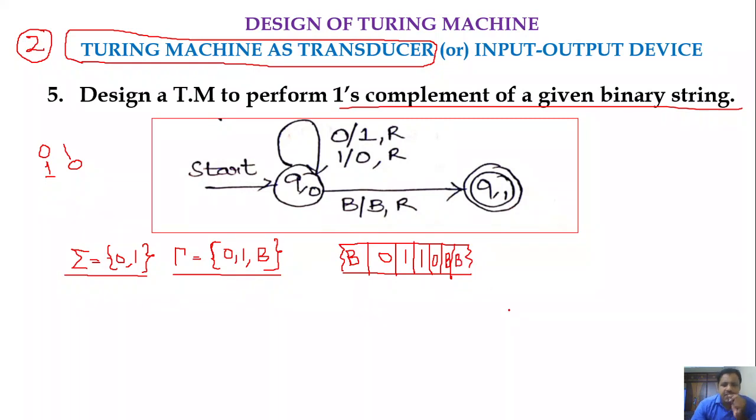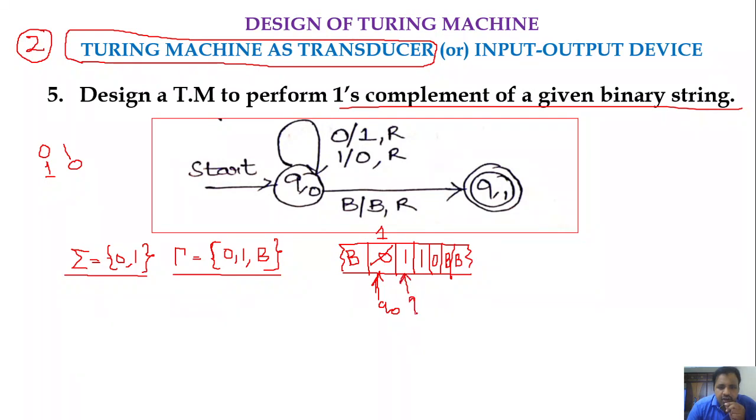Now see here. We will start at Q naught and the head will be pointing to 0. In Q naught, if we get 0, we replace that 0 with 1 and move the head towards right. We will be in the same state.